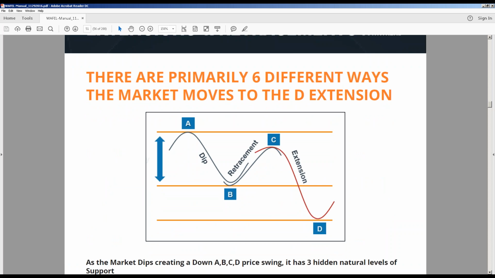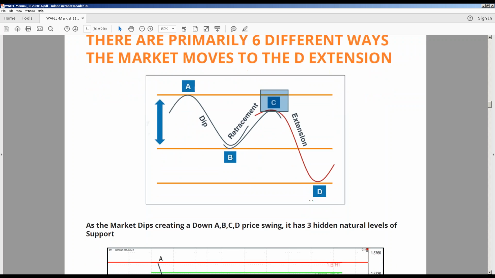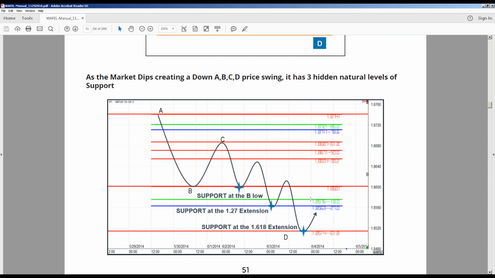Now, there are primarily 6 different ways the market moves to the D extension. If you have a down AB boundary and you did get a deep C and you have confirmed that the market is indeed moving from the C to the D, this is how the market will move from the C to the D. As the market dips, creating a down ABCD price swing, it has 3 hidden natural levels of support.